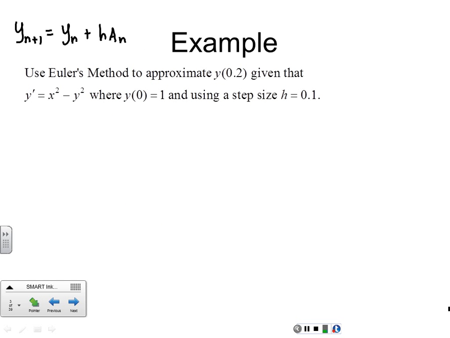It says use Euler's method to approximate y of 0.2, given that y prime is equal to x squared minus y squared, so they gave us the dE, that's your differential equation right there. Where y of 0 equals 1, that's your initial value. X is 0, y is 1. Using a step size of 1/10. So 0.1 is going to be your step size here.